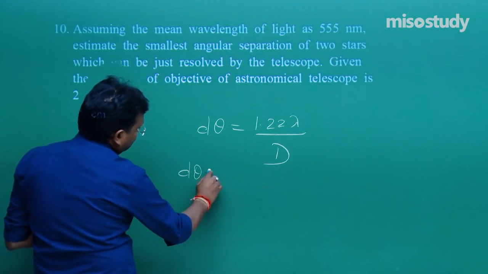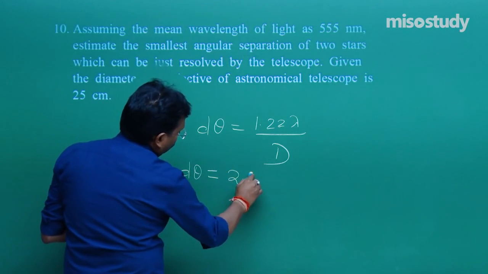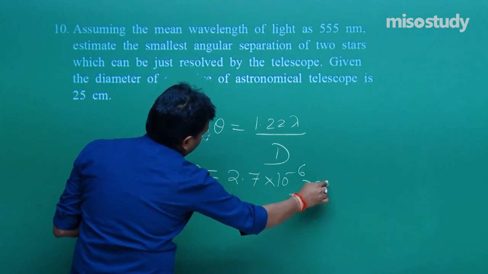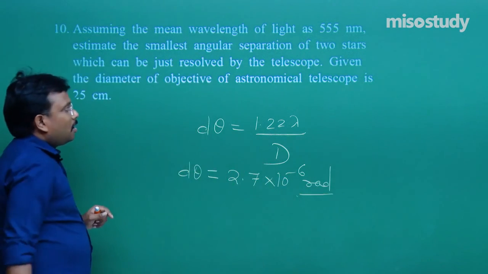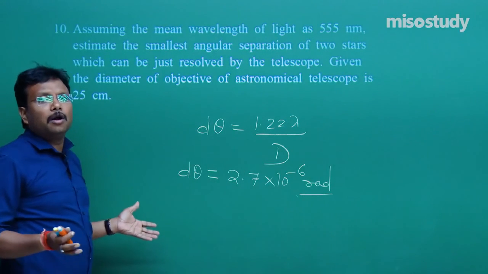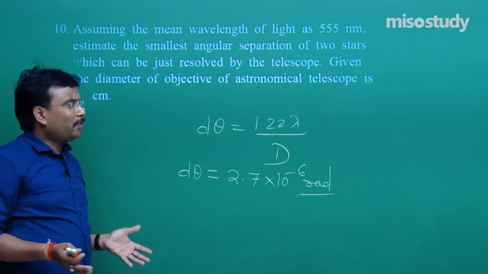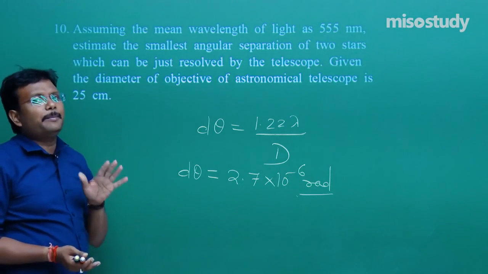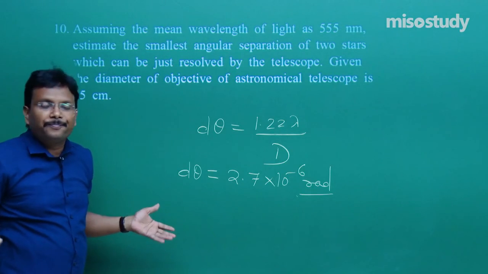So d theta is equal to 2.7 into 10 to the power minus 6 radian. In your board exams, they never ask very horrible questions. Questions are simple, they just want to check whether you are comfortable with the basics or not, that's it.